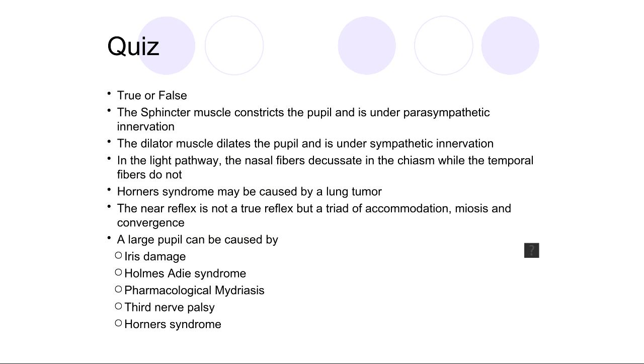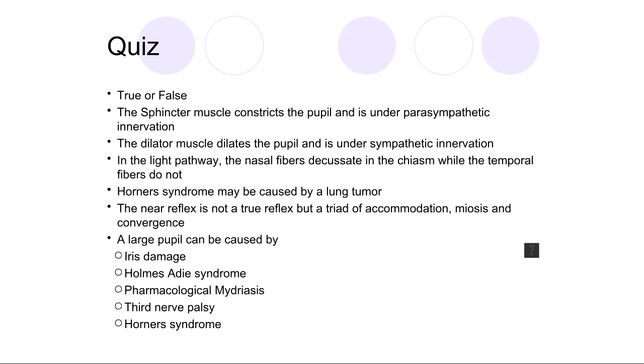Okay, Jabari, can you continue with the other question, please? The near reflex is not a true reflex, but a triad of accommodation, meiosis, and convergence. If I remember correctly, that's true. Yes, that is true.